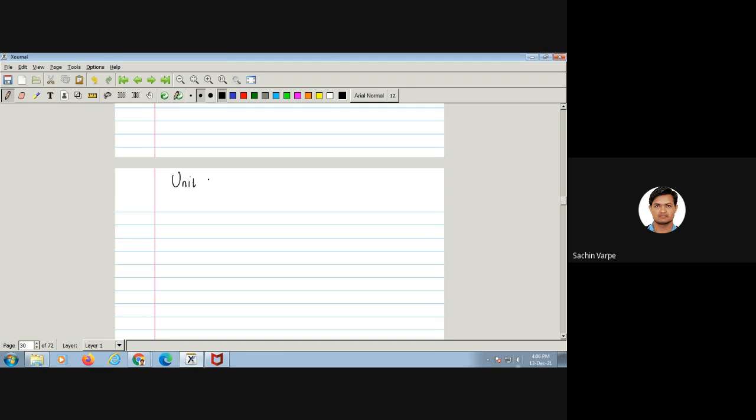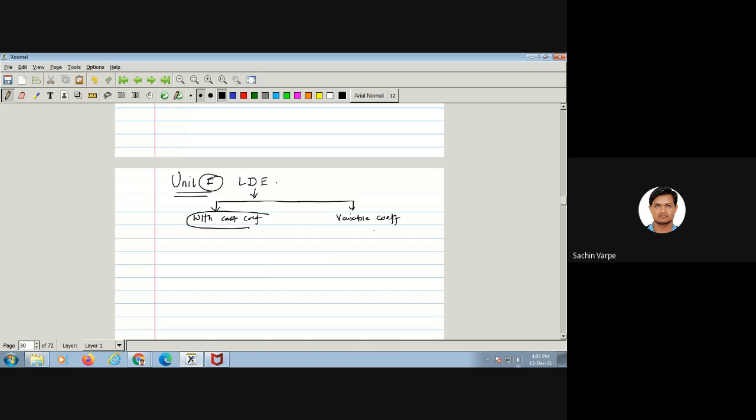Unit 1. In unit 1, linear differential equations with constant coefficient, we have seen mainly two parts: LDE with constant coefficient and LDE with variable coefficient, or non-constant coefficient, isn't it?